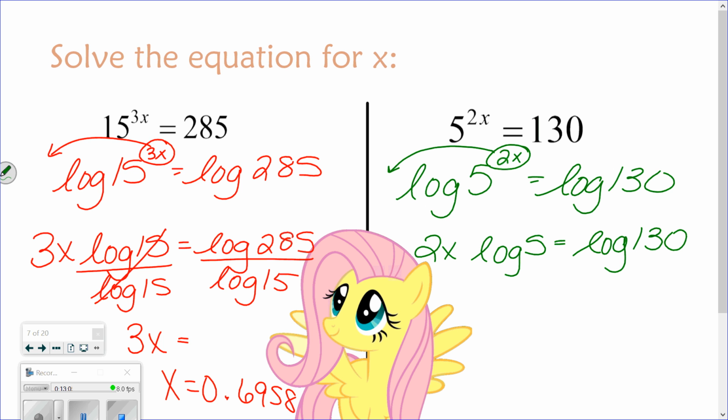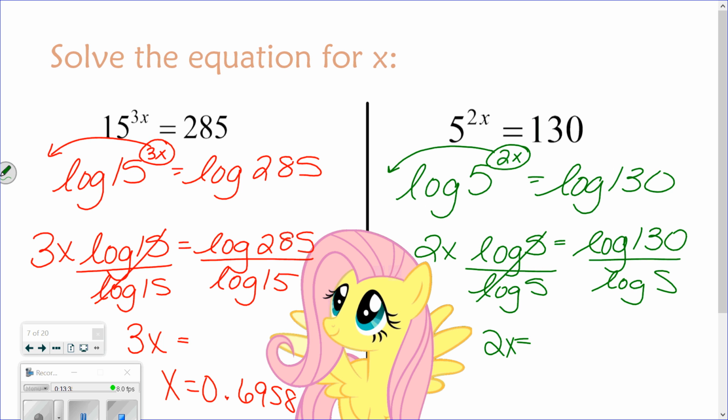Now, as you get more comfortable with this, could you write that straight from the start? Sure, that's fine. If you want to go straight from here to here, I'm okay with that. I want to get this 2x part by itself, so I have to divide by log of 5. That cancels it out here, gives me 2x equals... So guys, I want to make sure we're very careful when we're typing stuff in.